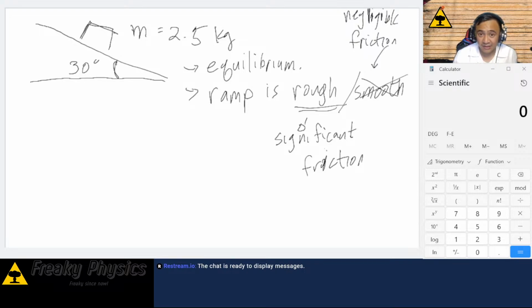I'm not giving anything else. The question now becomes, let's keep it simple for now: what is the frictional force experienced by the block?